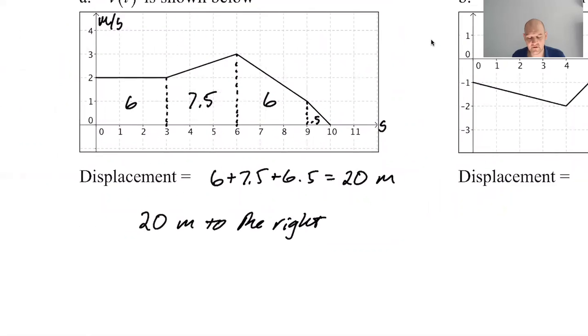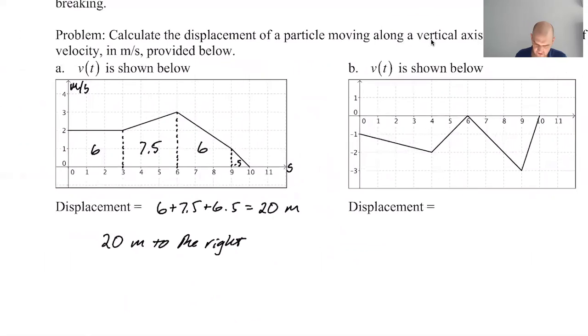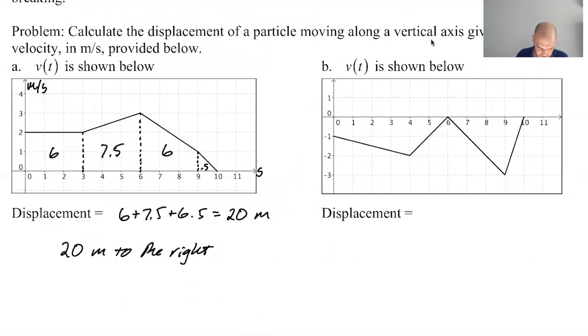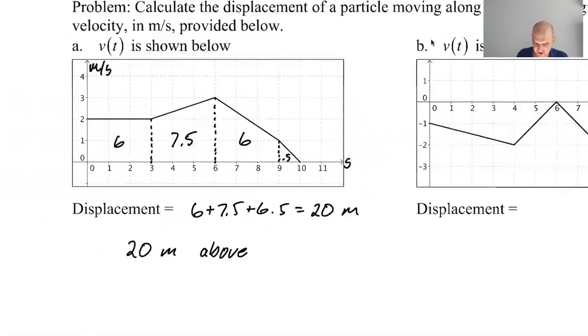We don't know where you started. You could have started anywhere, but wherever it is you started, if this is your velocity, you're now 20 meters to the right. That's all it is. Oh no, there's a vertical axis. So instead of to the right, you're above. 20 meters above where you started, not to the right. So context matters, above.